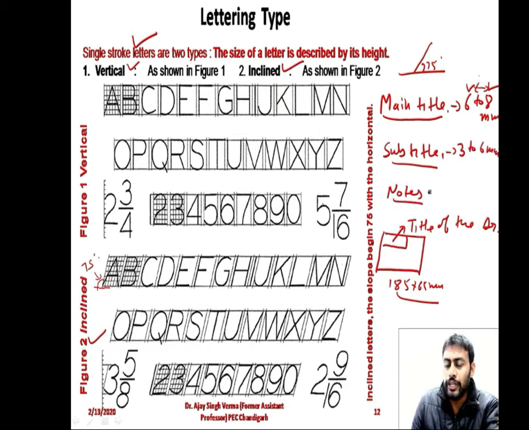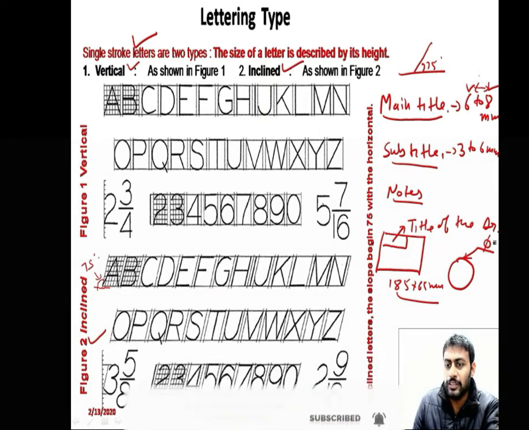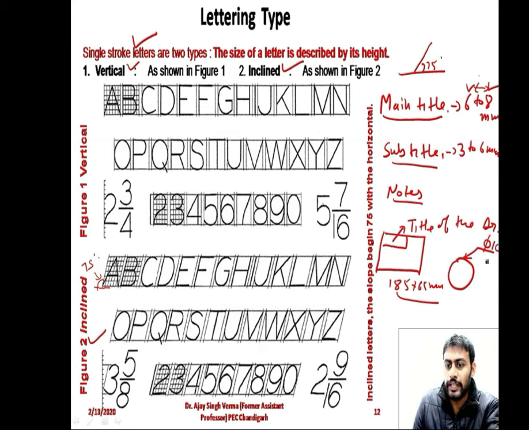Similarly for notes in your engineering drawing, for example dimension words. If a circle has a diameter of 10, this is your leader line. When we represent 4 holes, symmetrical 4 holes, we write 4 NOs.